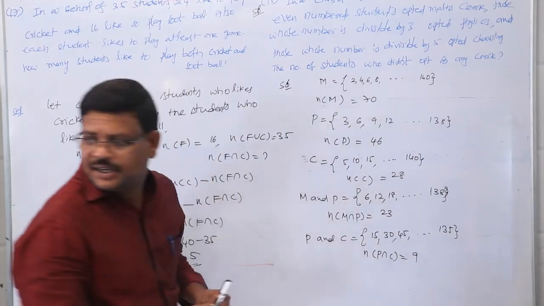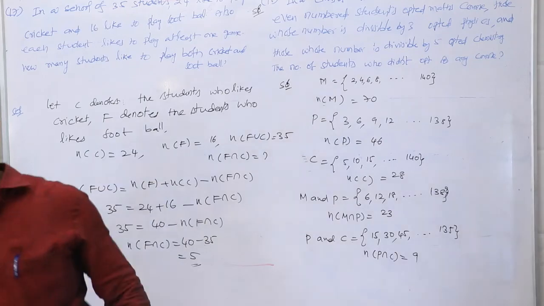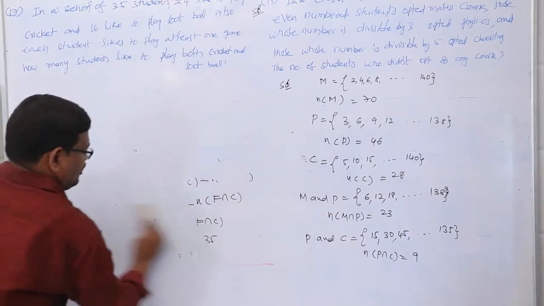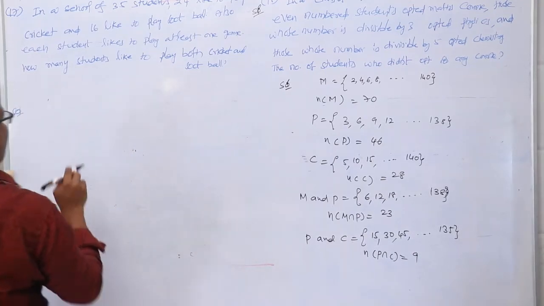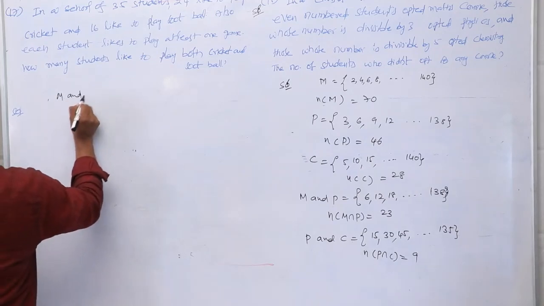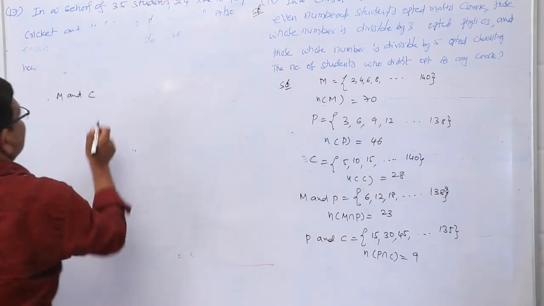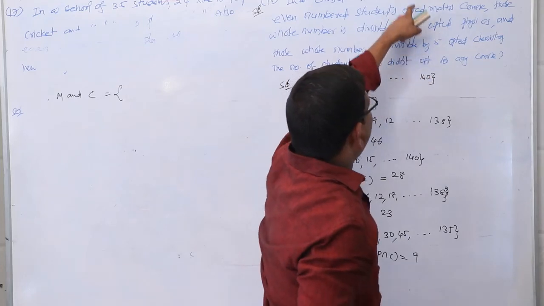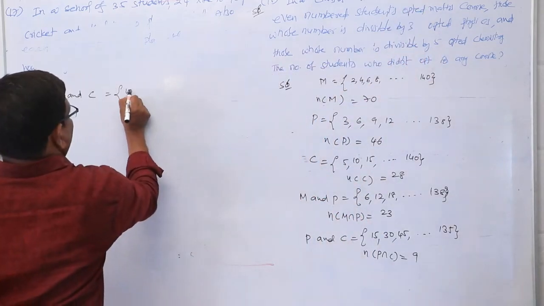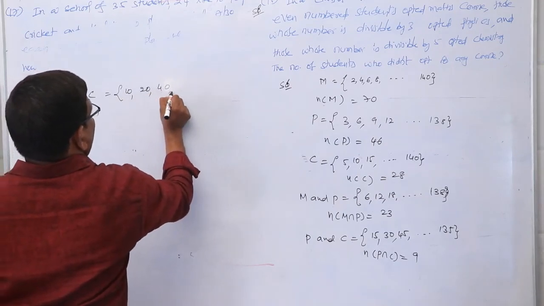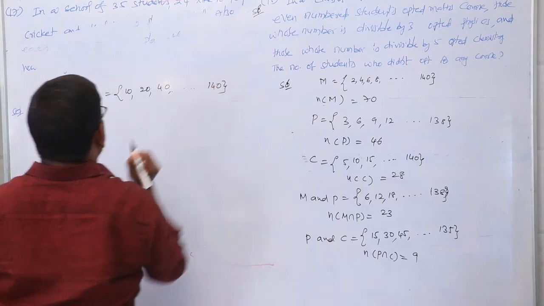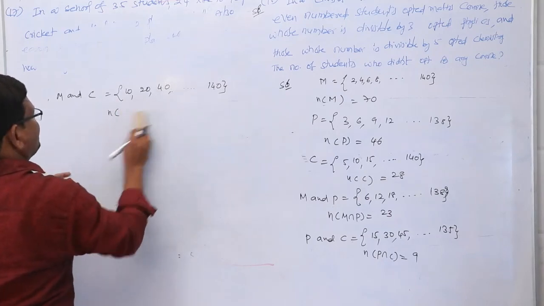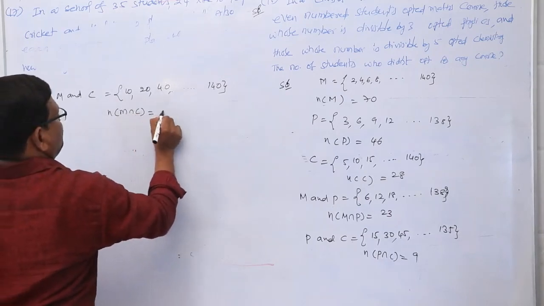And next one is maths and chemistry. The LCM of 2, 5 is 10: 10, 20, 30, 40, up to 140, and number of M intersection C equal to 14.